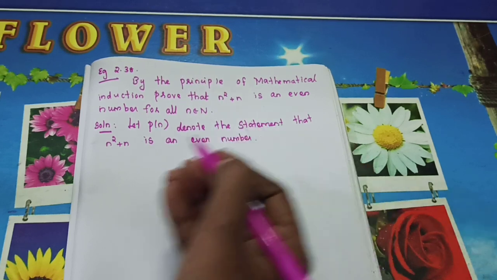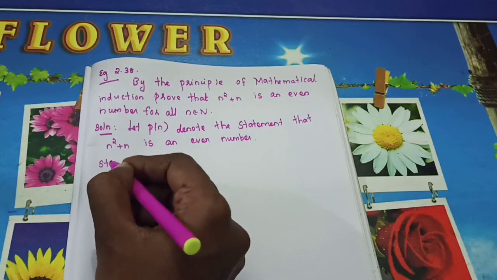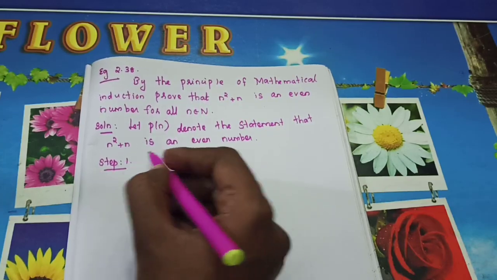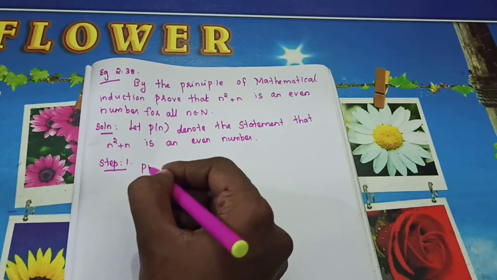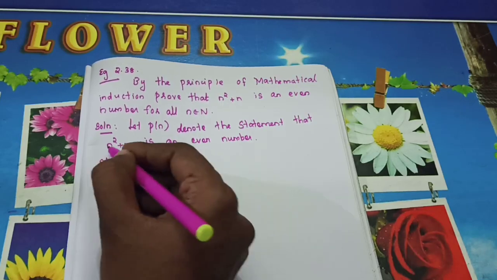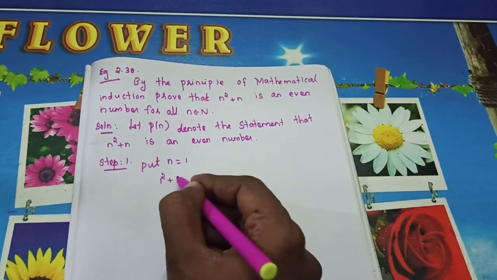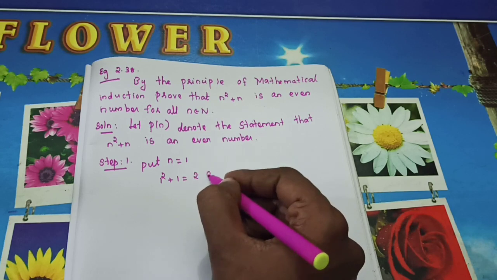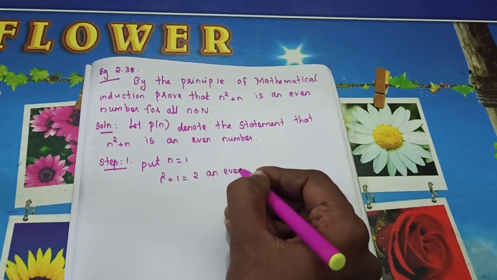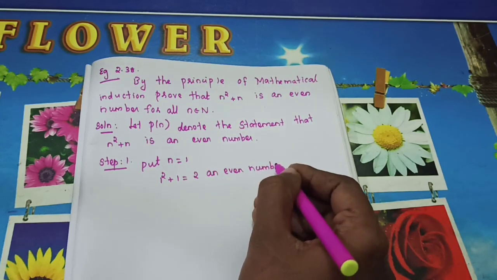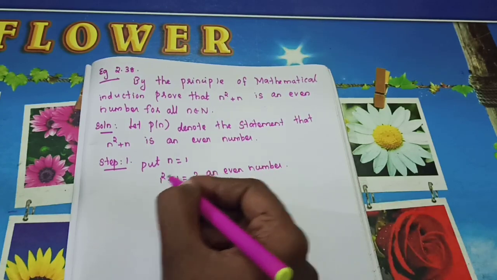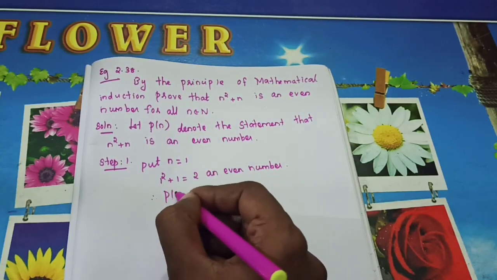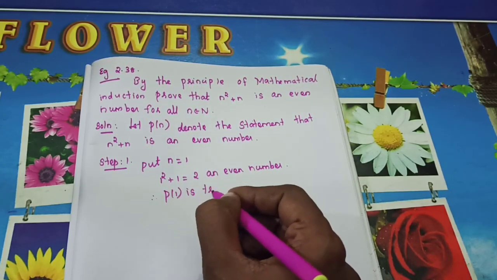That's the given statement. For step 1, what will you do? N equal to 1, is it right? So substitute here n equal to 1. So 1 square plus 1 is equal to 2. Whether 2 is an even number or an odd number? Even number. So what will you say? P of 1 is true.